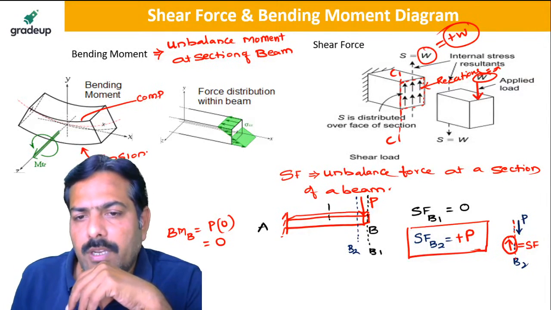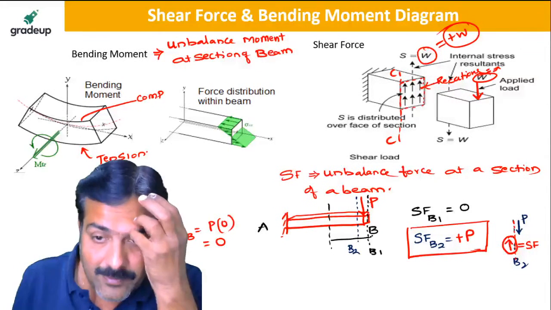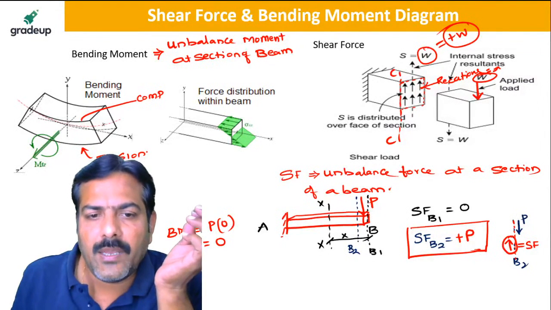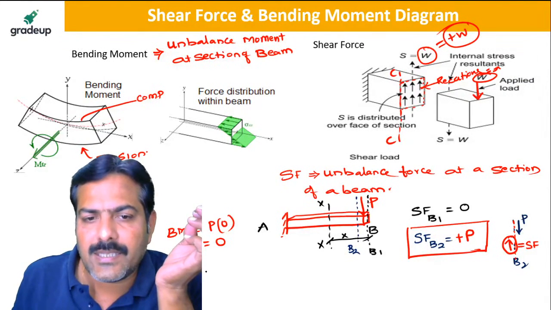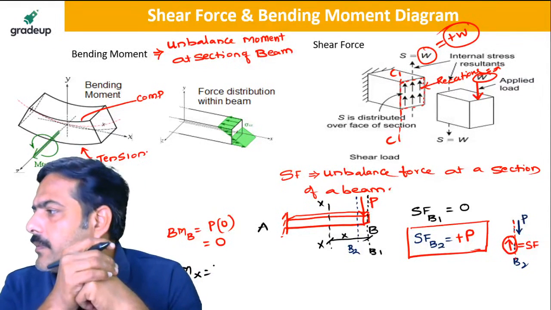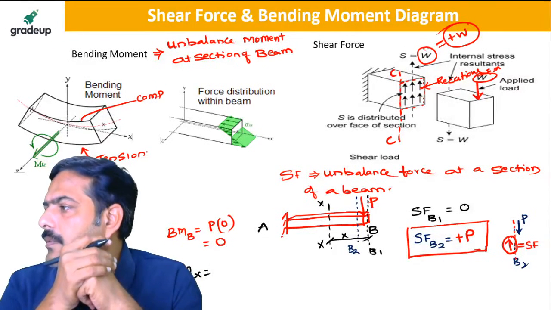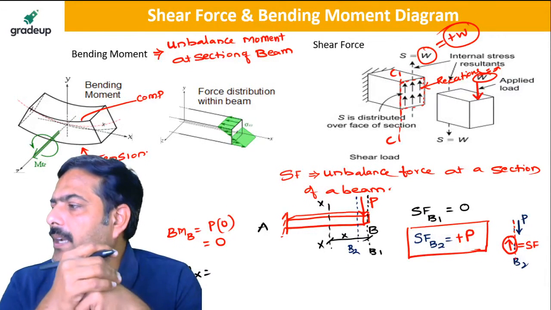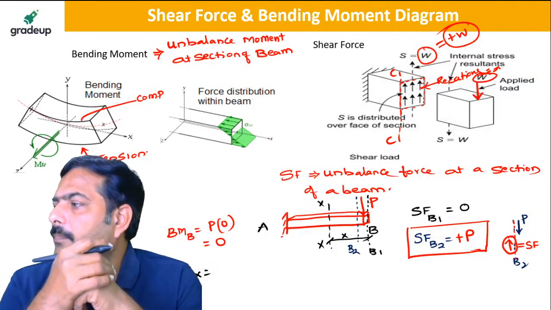Now, can you tell me what is the bending moment at a distance x from B? So bending moment at x is equal to how much? Yes, bending moment is the moment which is caused because of the bending of the beam.